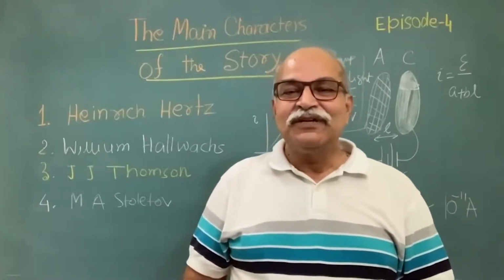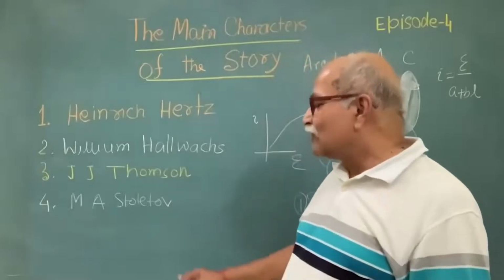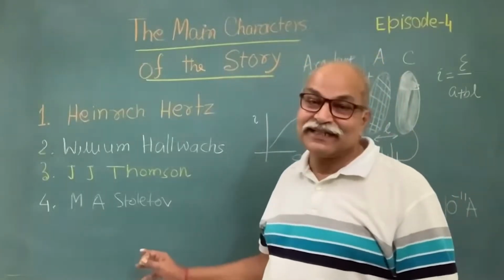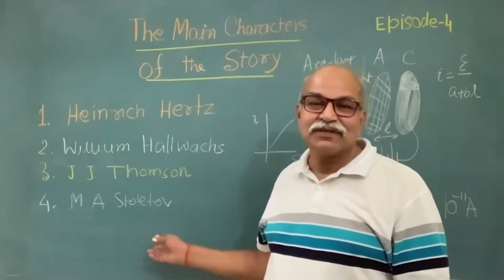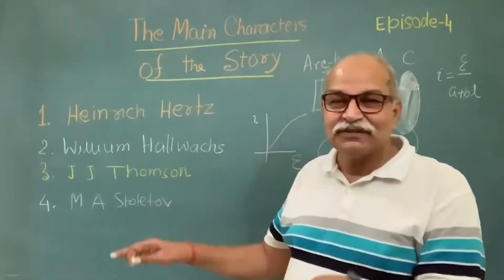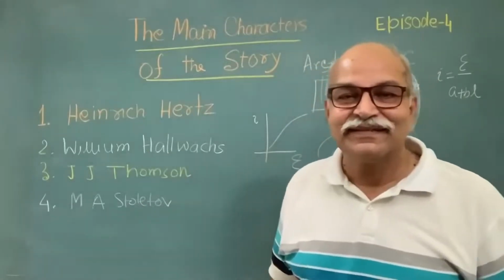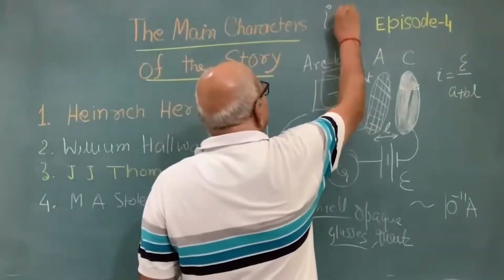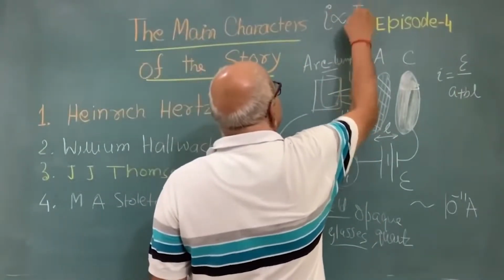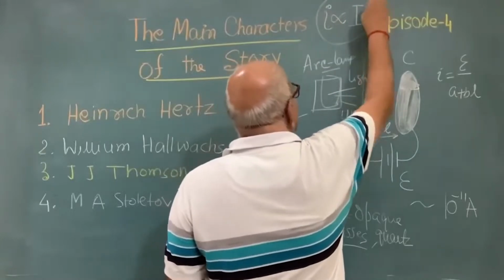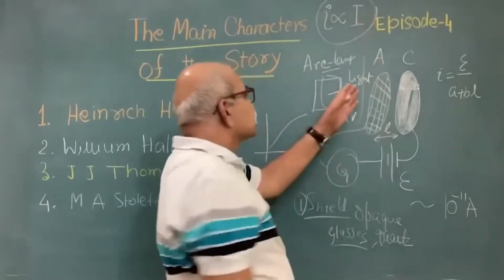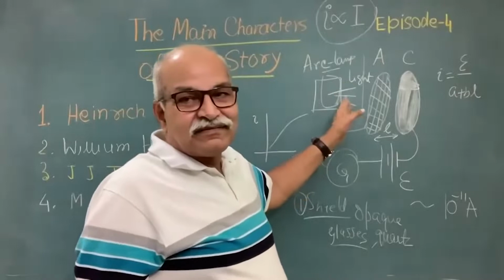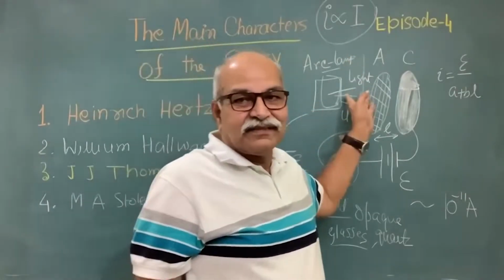But then there is something called Stoletov's law of photoelectric effect, and that must have come from the research that he has done, and that is that this current is proportional to the intensity of this light, this UV light, right? So the intensity of the source.